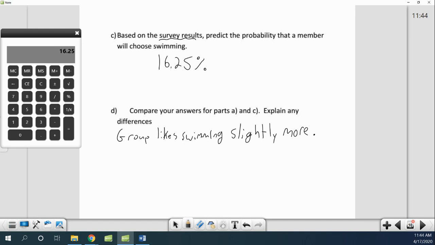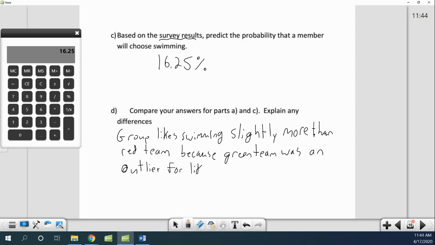But the group likes swimming slightly more than red team, mostly because green team was an outlier. An outlier means a number that's too big or too small compared to all the other pieces of data. So it was way bigger than everybody else's. It was an outlier for liking swimming. So that's what brought our average up.